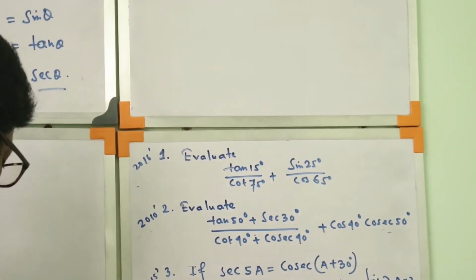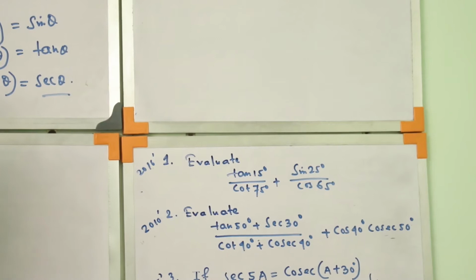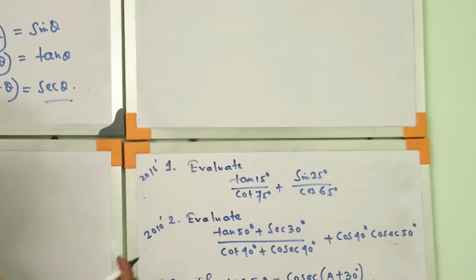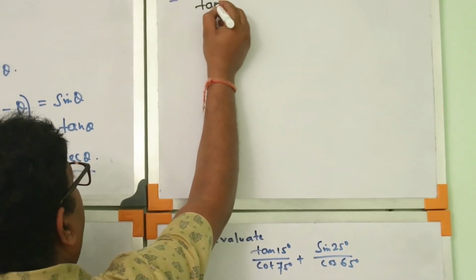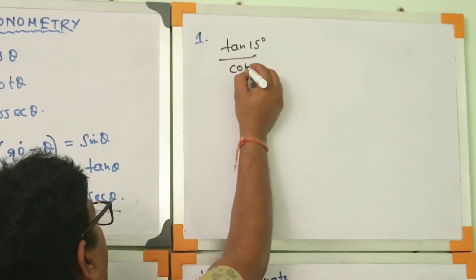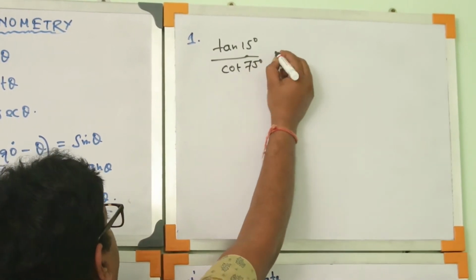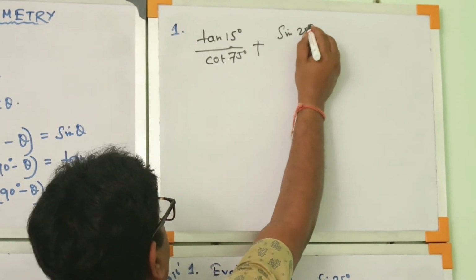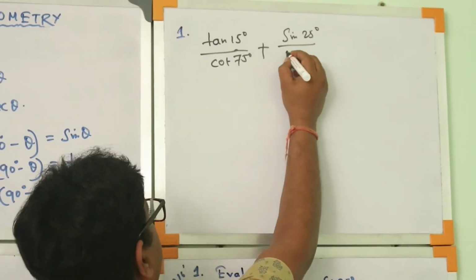Evaluate tan 15 by cot 75 plus sin 25 by cos 65. What will be the value? So tan 15 degree by cot 75 degree plus sin 25 degree by cos 65 degree.